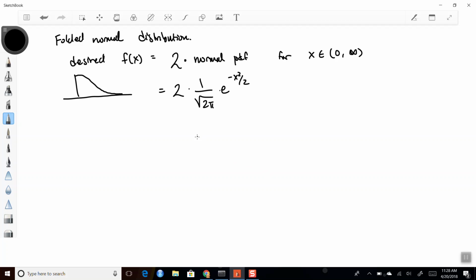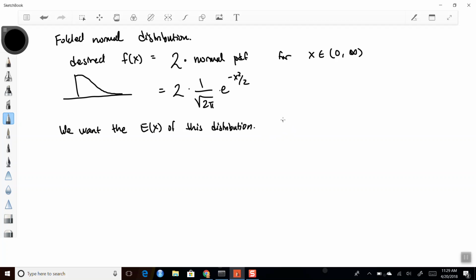That's our normal thing, and let's say we just want the expected value of this distribution. The expected value of the normal is 0, but if we're only dealing with half of it, what's the expected value of that?